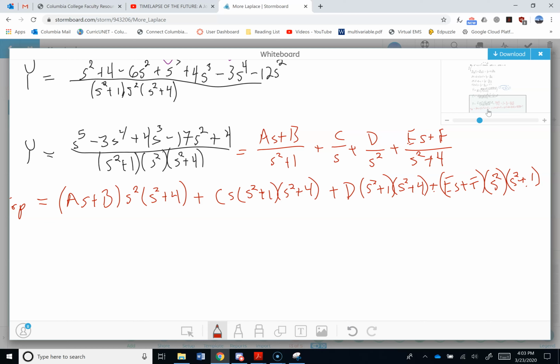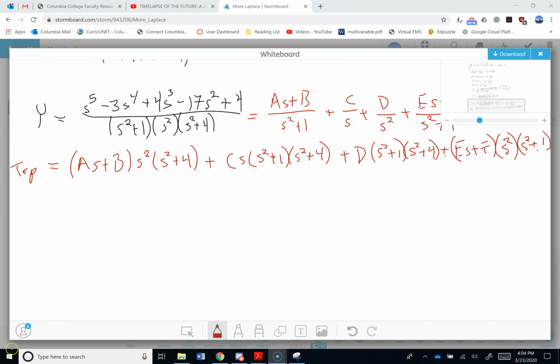Wait, can we pause for just a second? Yeah. Okay. Got the as plus b. The c term where we have c times s squared plus 1 times s squared plus 4. If we left that as s squared but kept doing the same thing for every term, would we arrive at the same answer or no? On the bottom?